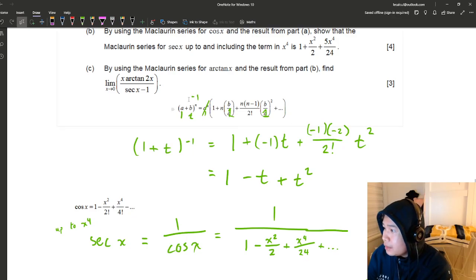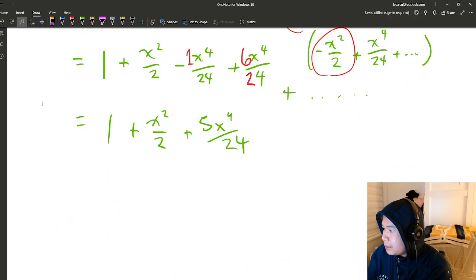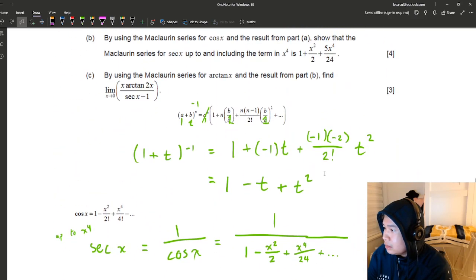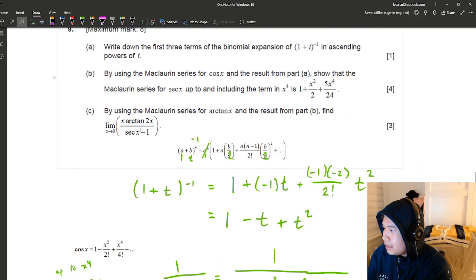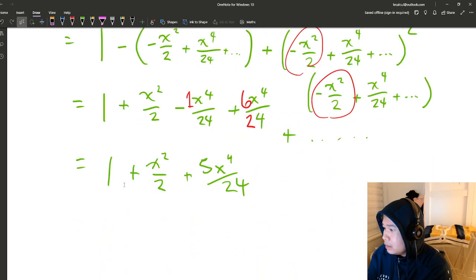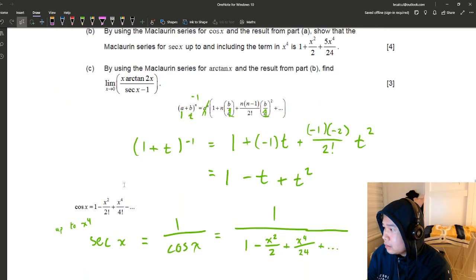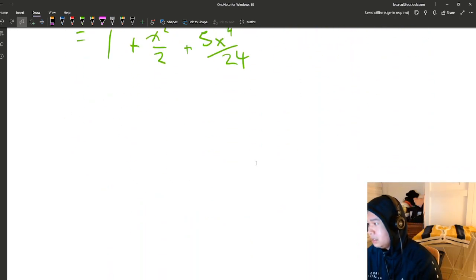Next up. Using Maclaurin series for arctan and then our result from part B, this one, find this limit. Sure, whatever. Let's just do this.